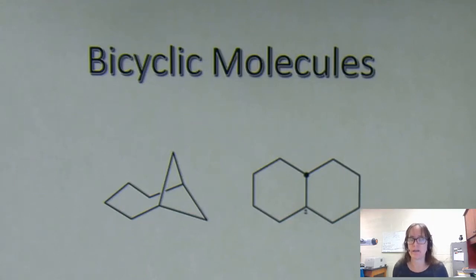We're going to take a look at molecules that are called bicyclic molecules, and specifically one type of bicyclic. And by bicyclic, we just mean that there are two rings within the same structure.